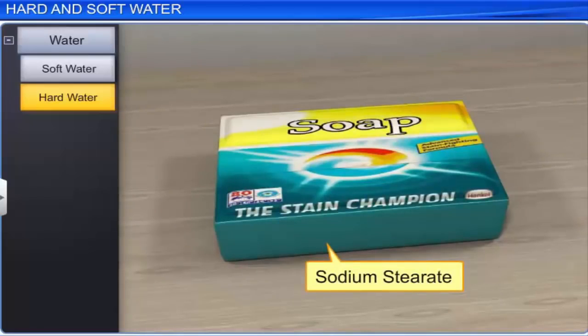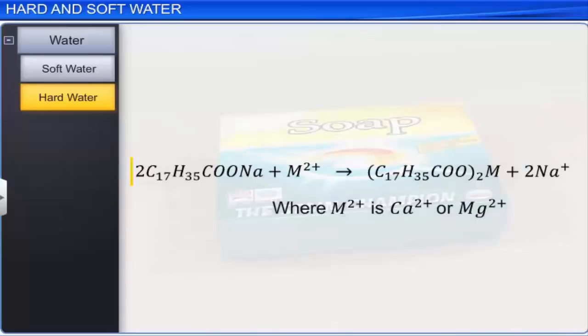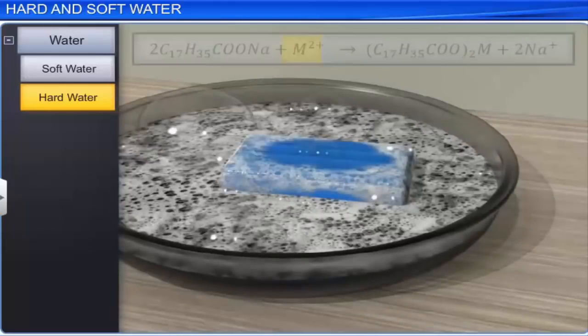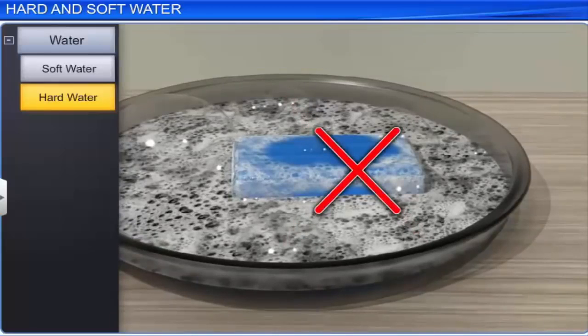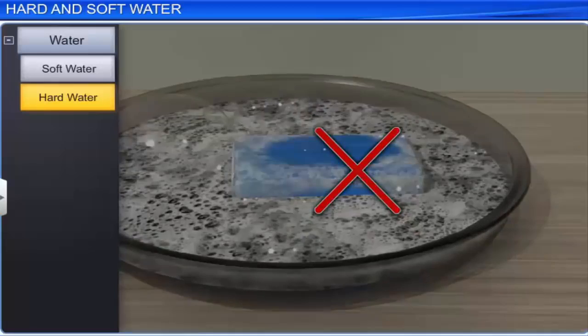When sodium stearate reacts with the calcium and magnesium salts, it forms calcium and magnesium stearate precipitate. Until all the calcium and magnesium ions are precipitated, lather is not produced. This is why hard water is unsuitable for laundry.